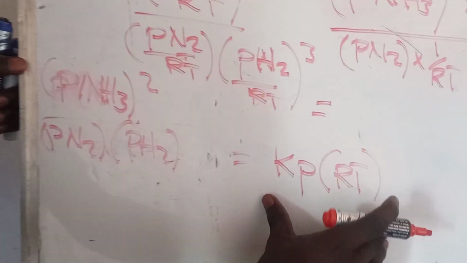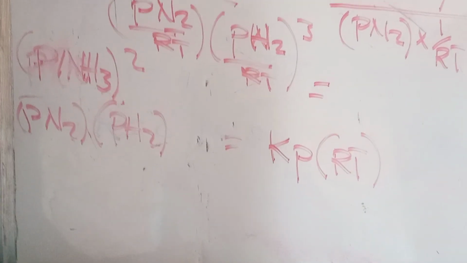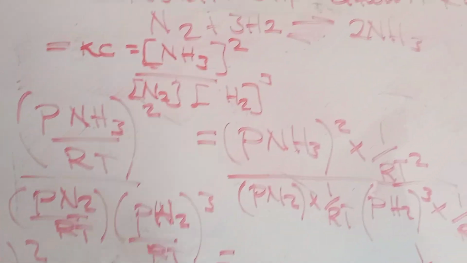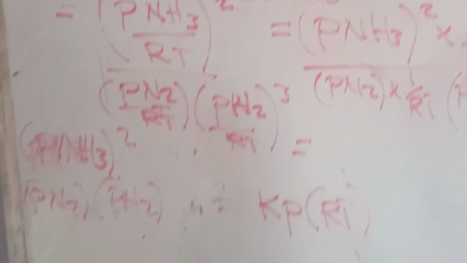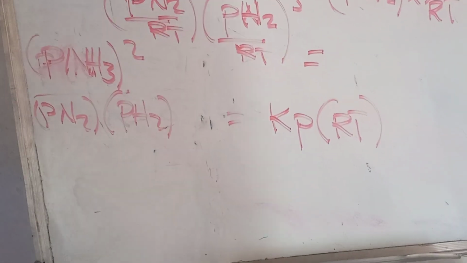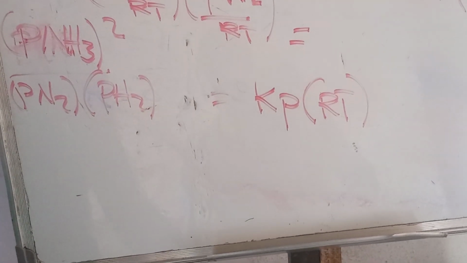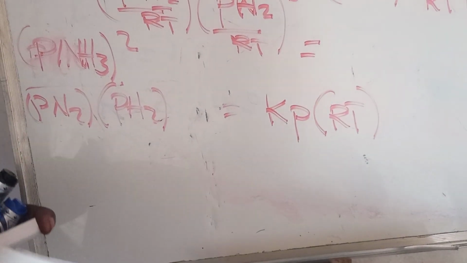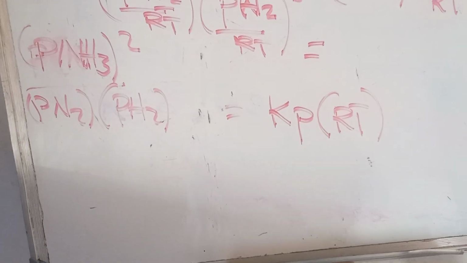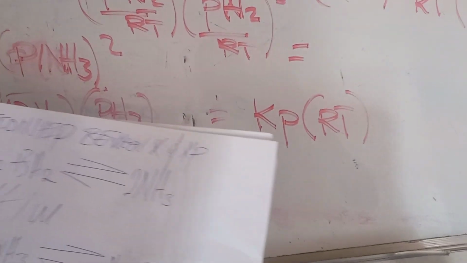Hence, this is the relationship of Kc and Kp. It is Kp equals Kc times RT to the power of the change in moles. That is our relationship. I would like you to go through it to identify if there is anything along there, and also if there is anything you might be asked or want to find out more about.